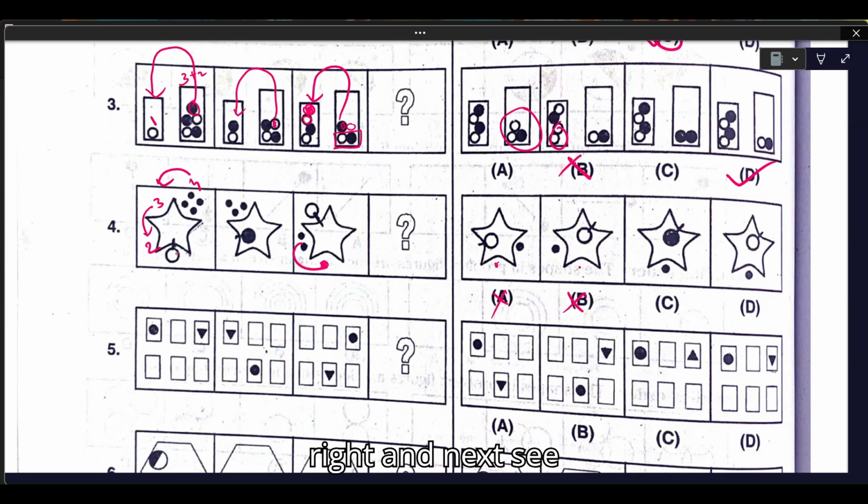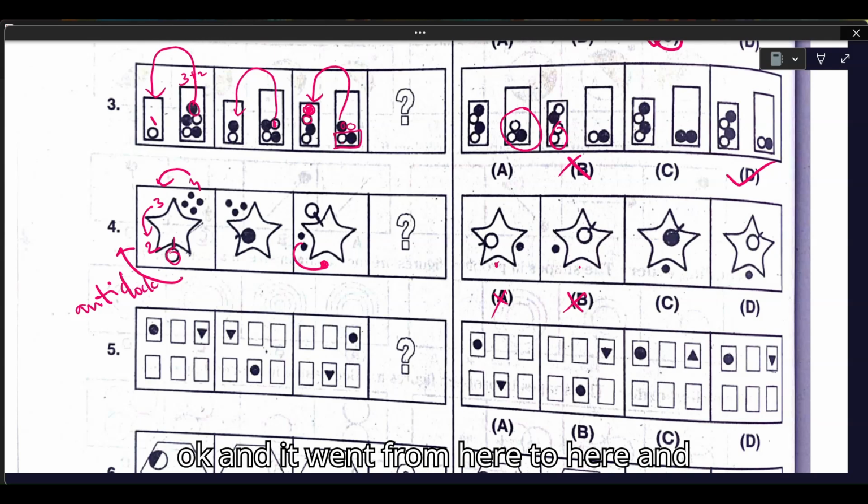And next, look at this. It is something like a table tennis bat and it is moving in an anti-clockwise direction, right?